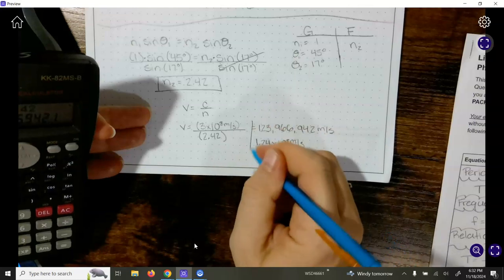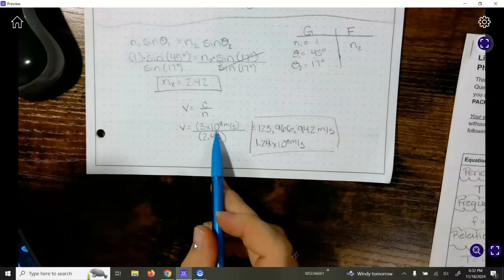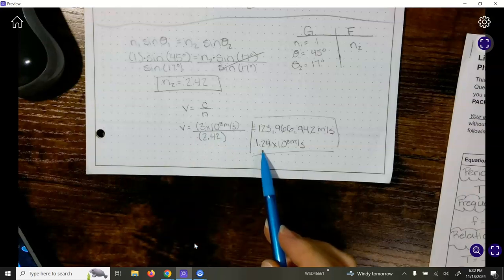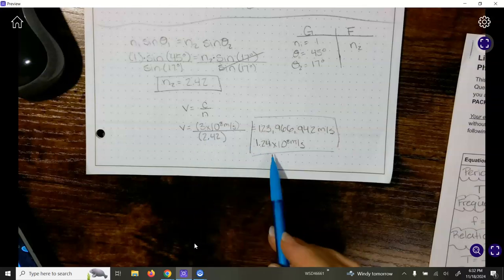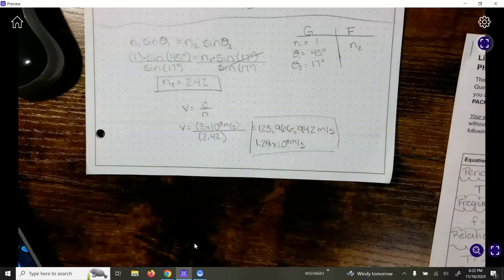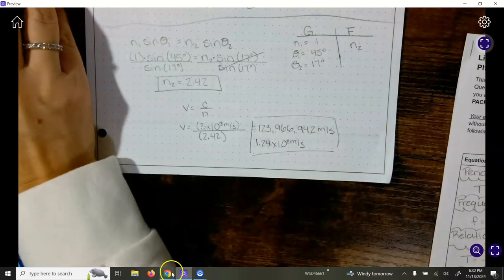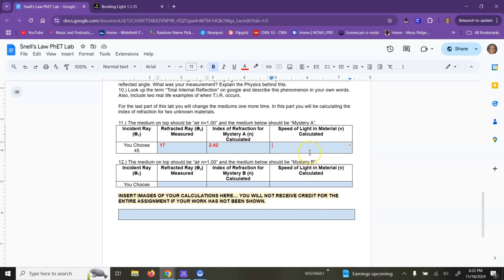Now that's really close to the speed of light in a vacuum, which is 3 times 10 to the 8th, but it's about half, okay? It's about half the speed. It really slows that light down when it enters into a new medium that's as dense as a diamond. So we go back here to our part 3, 1.24 times 10 to the 8th power meters per second. Okay, and we type that in for our calculated speed of light in that material.